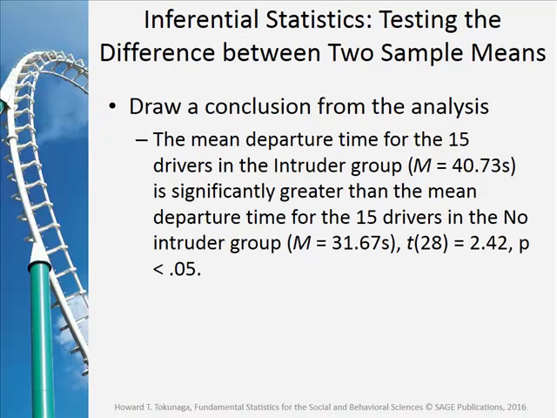Draw a conclusion. The mean departure time for the 15 drivers in the intruder group. Notice that we're talking about our sample. We're not necessarily generalizing about the population, because we're talking about what we observed. So the 15 drivers in the intruder group is significantly greater than the mean. And what do I want you guys to do when you think about significance?